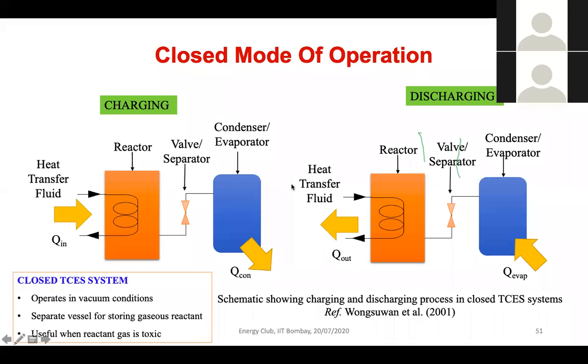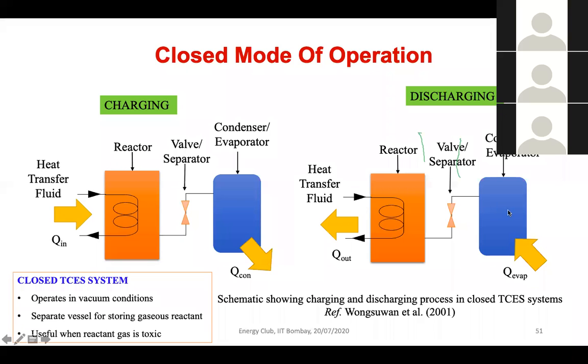So there will be one condenser, and a valve which will be opened during the charging process. When the water vapor or steam comes inside this condenser, you have to condense it to make it liquid, otherwise there will be a containment issue. During discharging, you again heat the condenser slightly.